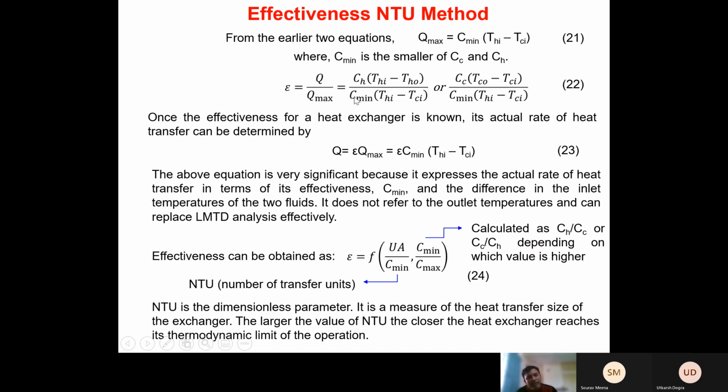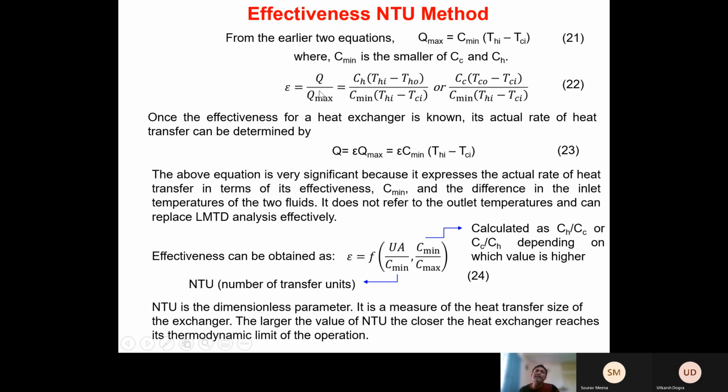Similarly, when Cmin is Cc, we have to use the other equation, because Cc and Cmin can cancel out. So when CH is Cmin, we use this ratio; when Cmin is Cc, we use the other equation. Is it clear to everyone? Make sense? Yes, sir.